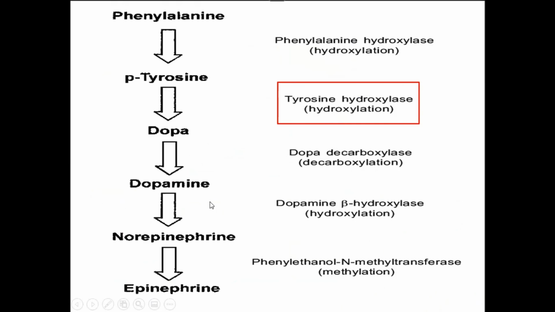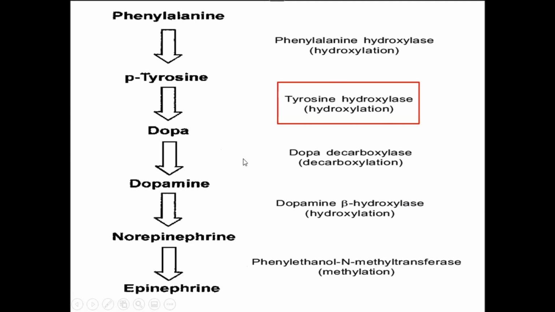So the first catecholamine you get in your body is dopamine. Dopamine undergoes beta hydroxylation to become norepinephrine, and norepinephrine undergoes N-methyl transferase to become epinephrine. So DOPA becomes dopamine, norepinephrine, then epinephrine. Tyrosine hydroxylase is important because it's the rate limiting enzyme.